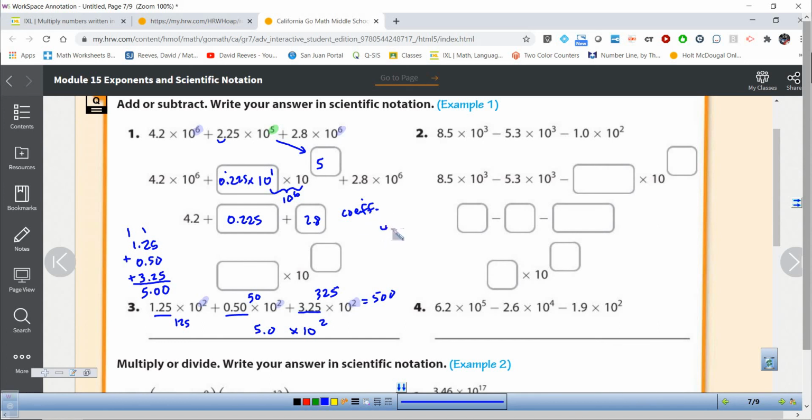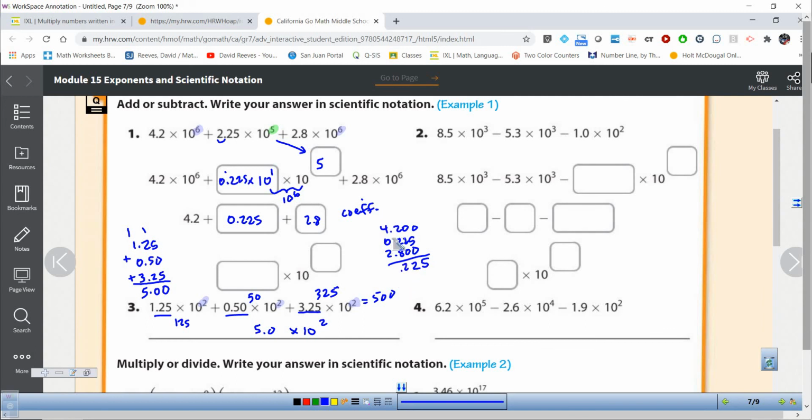Again, I'm going to line them up. 4.200, 0.225, and 2.800. I add those together, I get 5. 0, 2, 0 is 2. 2 plus 2 is 4. 4 plus 8 is 12.